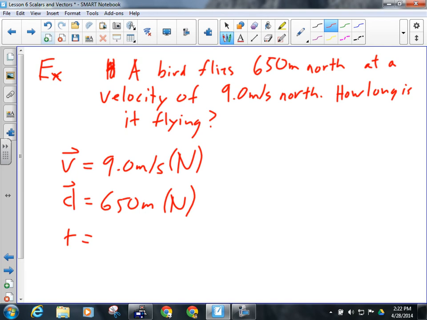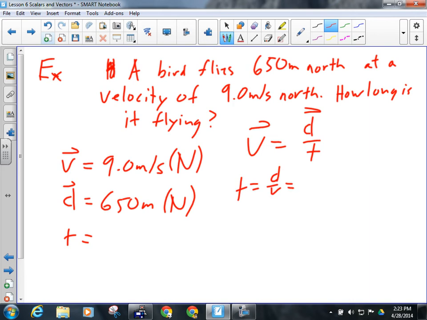Well, the formula is still v equals d over t. It still manipulates out pretty much the same way. When it's a one-step problem like this, scalar versus vector is not really a whole lot different. The only time you're going to start to see a difference is on questions with more than one part. If we want to get t by itself, t equals d over v.